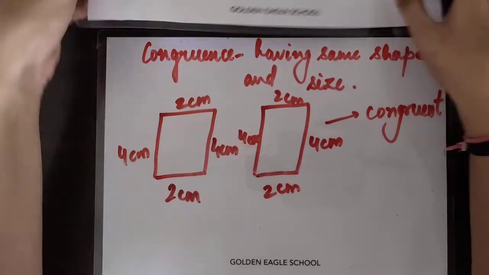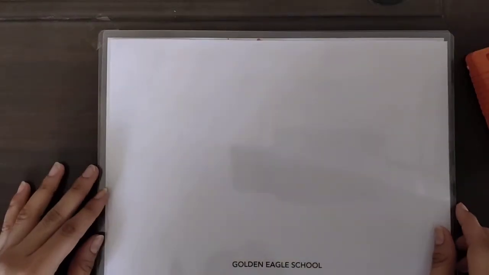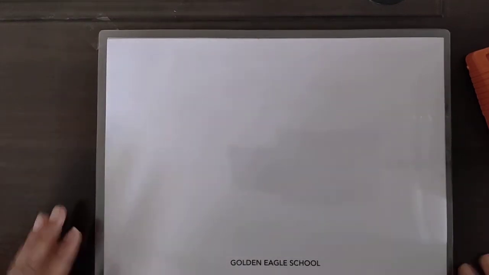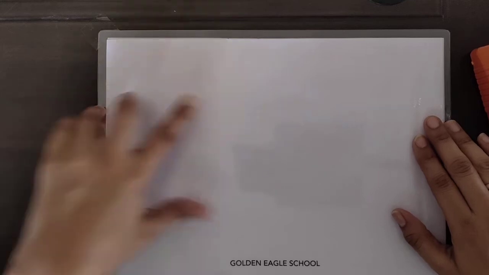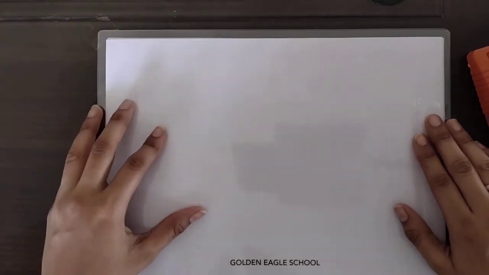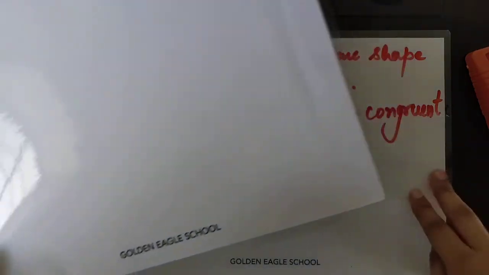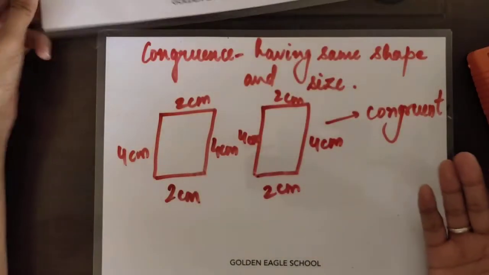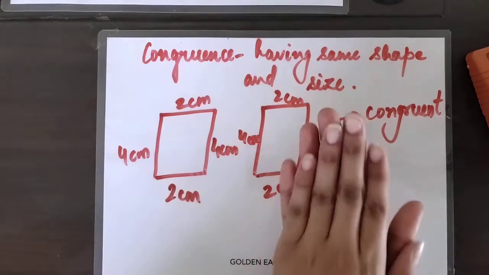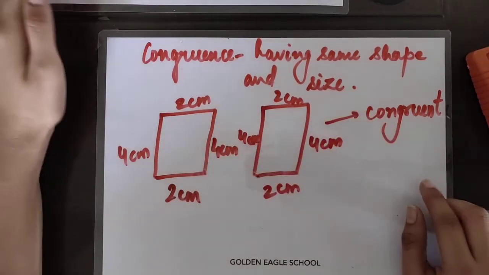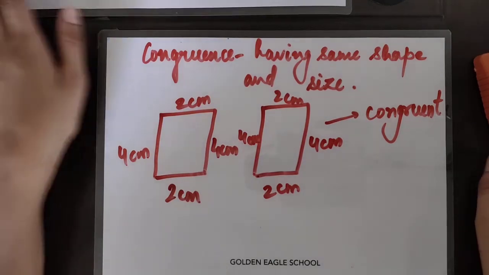When I place this sheet on this sheet, they superpose, means they are exactly over each other. So when two objects or two shapes or two things superpose, then they are congruent.